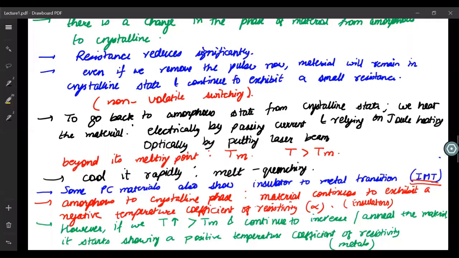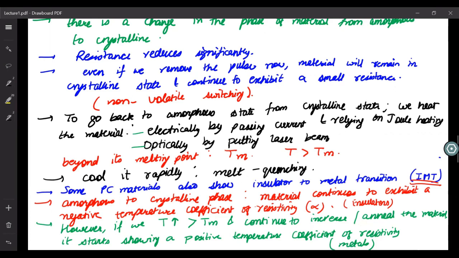Also, we were discussing how we can change it from crystalline phase to amorphous phase and back. We saw that electrically we can change it by passing current, and optically we can change it by heating it with a laser. But how do we sense whether it is in crystalline form or amorphous form?